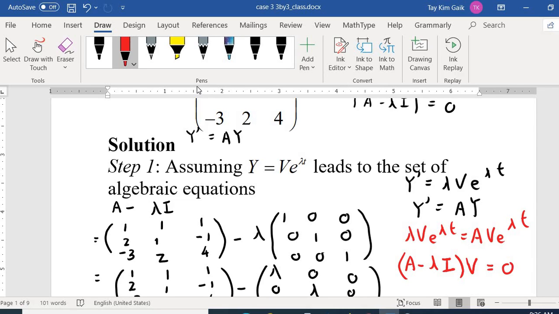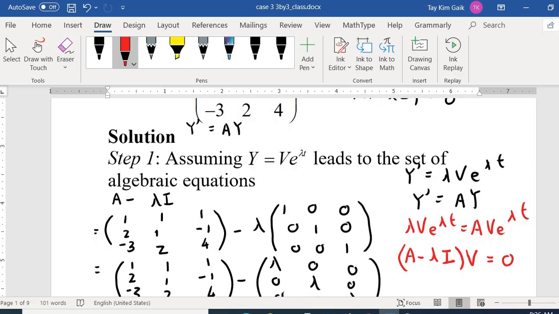Then to get the solution, you must find the eigenvalue and eigenvector. The first step to find the eigenvalue is to let the determinant of A minus lambda I equal to 0, because v cannot be equal to 0. So the only possibility is to let the determinant of A minus lambda I equal to 0.